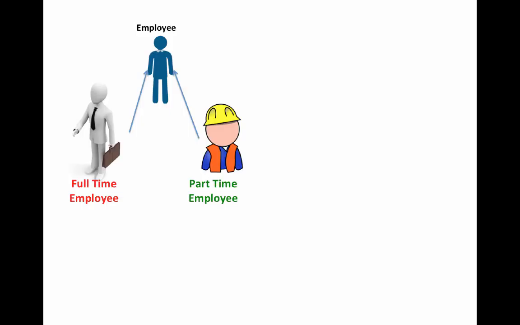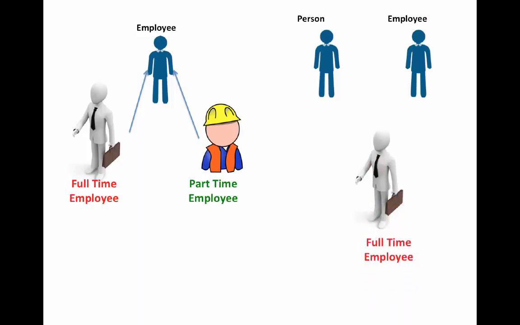Now let's think the other way. Think if you have a person and employee as a base, and we want to create a full-time employee who is a person and an employee. What I mean is, we create a class from more than one base class.